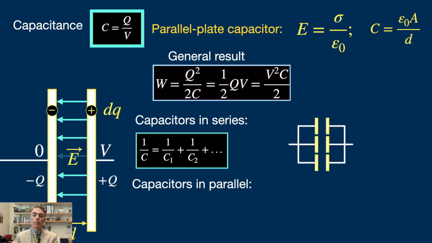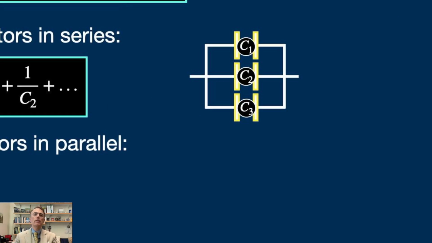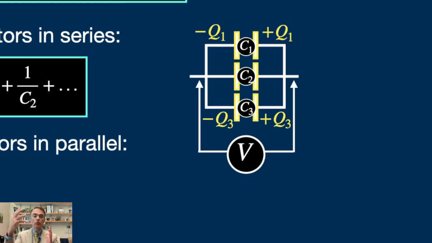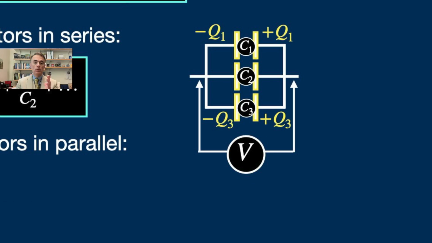In parallel, the total capacitance is the sum of the individual capacitances because each capacitor experiences the same potential difference and the total charge is the sum of the charges on each capacitor.